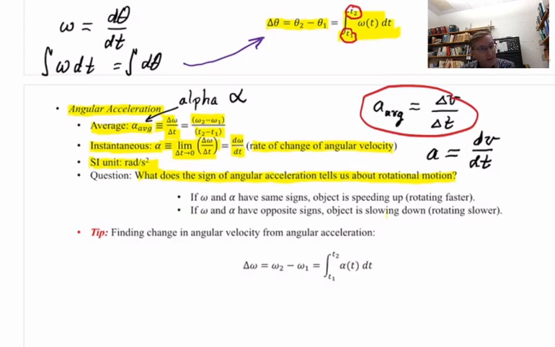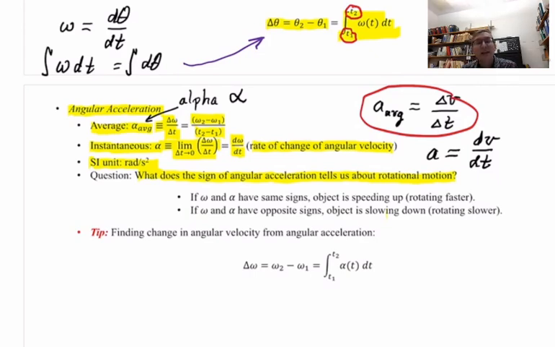And we just said in the previous slide, the sign of the angular velocity tells us simply which way the thing is rotating. If angular velocity is positive, I know the thing is rotating counterclockwise as I view it. If the angular velocity is negative, the object is rotating clockwise. So the angular velocity tells me which way it's rotating, counterclockwise or clockwise.